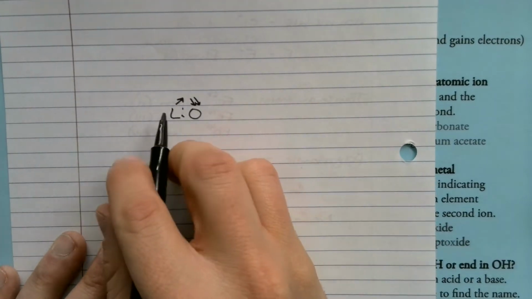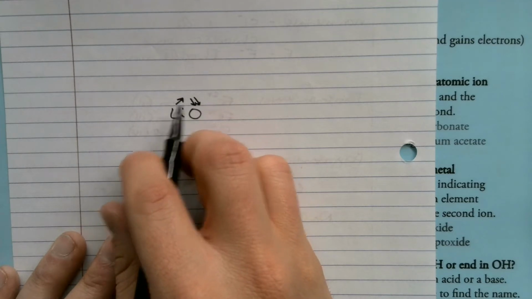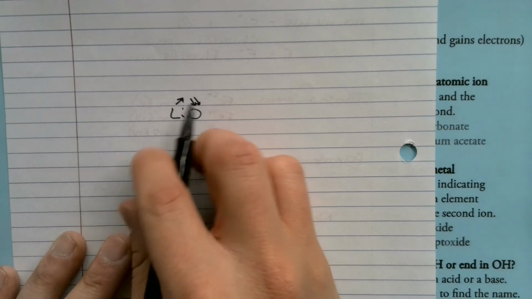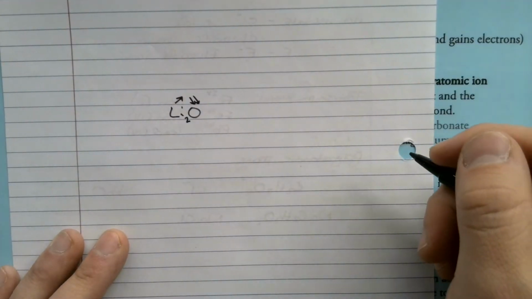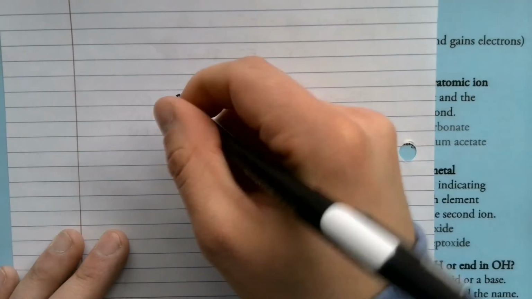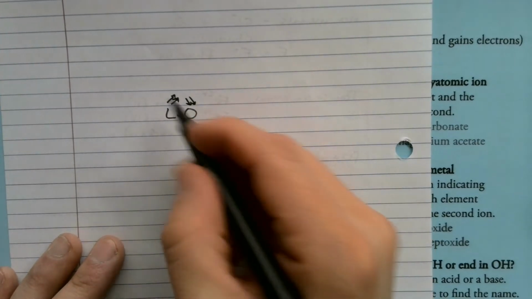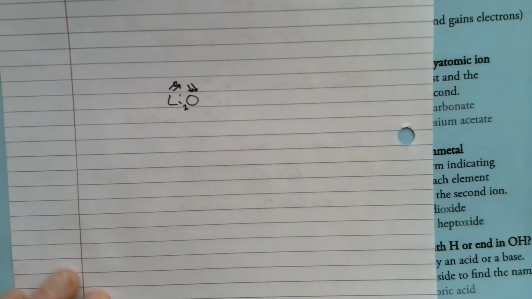So we see an off balance. They're not giving the same number of electrons. There's an electron we need to satisfy oxygen, so we need 2 lithiums. Now we have that second one there. Our charge is balanced: it goes from +2, -2, and we now have a balanced compound.